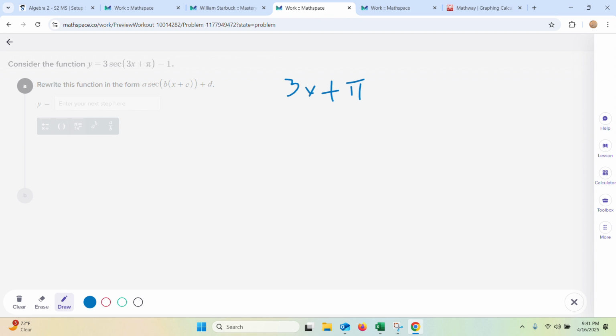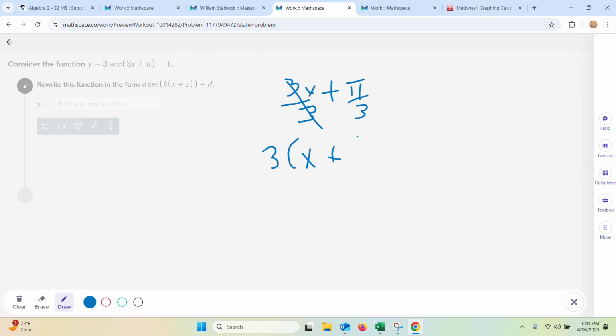Okay, so we're going to divide everything by the number that's multiplied by the x. What that does is it moves the 3 to the outside, leaving the x. This, we just leave alone.